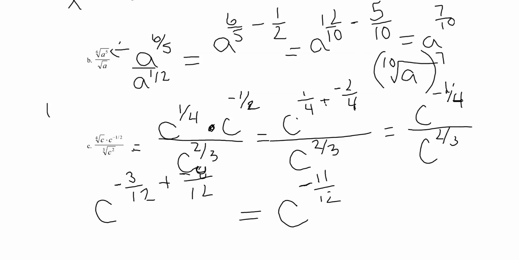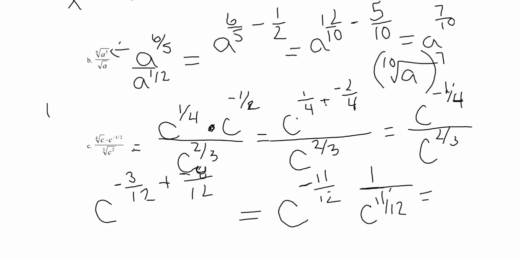And here, because we have a negative exponent, we want to make it positive. So we are going to flip it. We're going to have it be 1 over c to the 11/12. And then the last thing we need to do is put it into radical form.